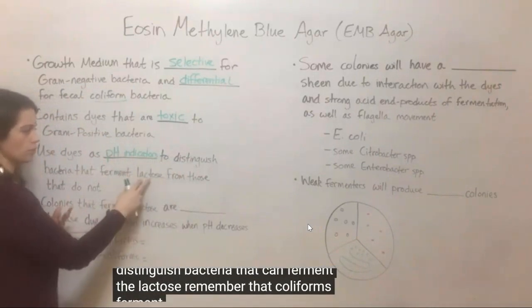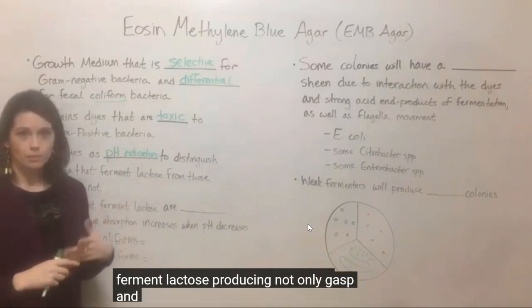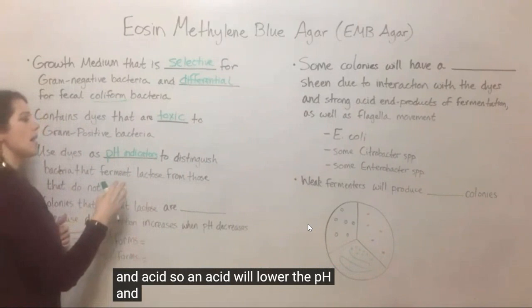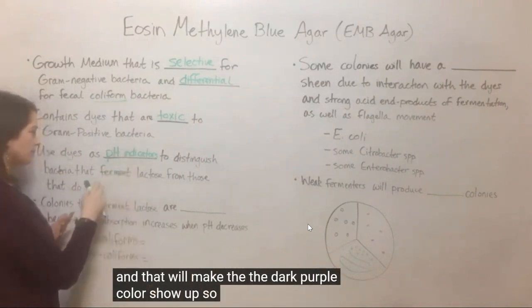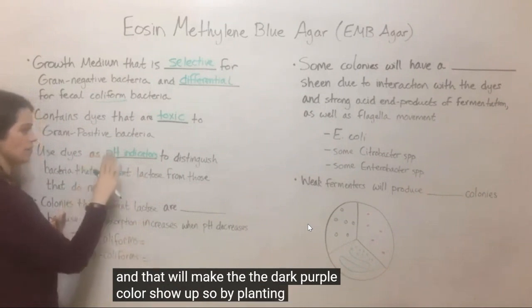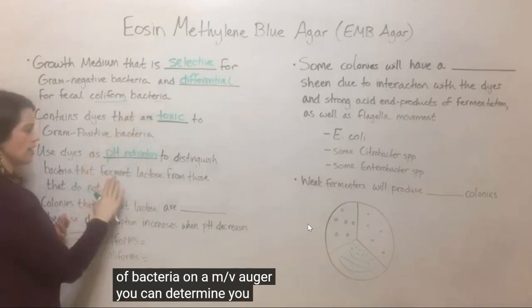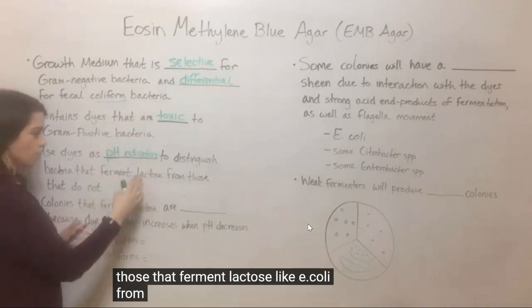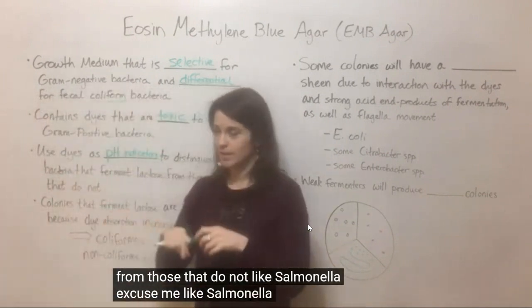Remember that coliforms ferment lactose, producing not only gas but an acid. An acid will lower the pH, and that will make the dark purple color show up. So by plating bacteria on EMB agar, you can distinguish those that ferment lactose, like E. coli, from those that do not, like Salmonella and Shigella.